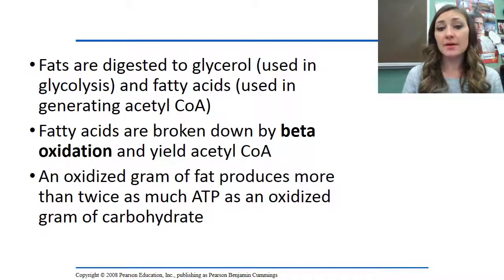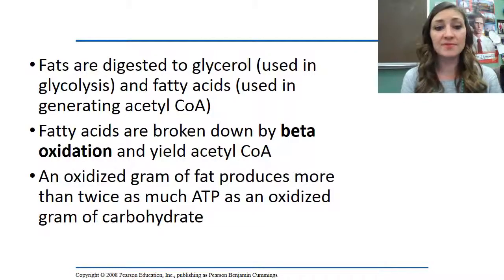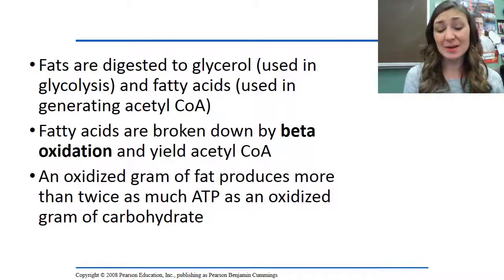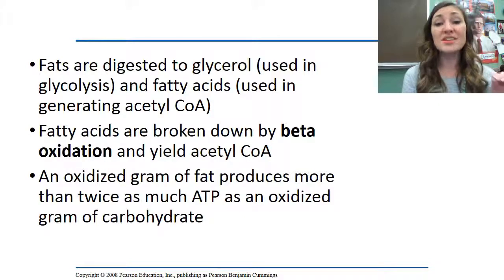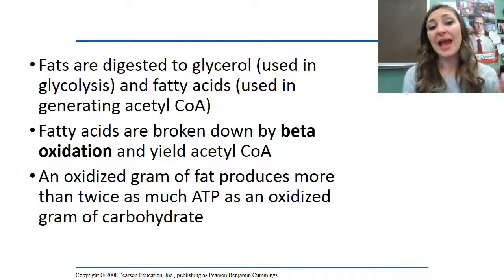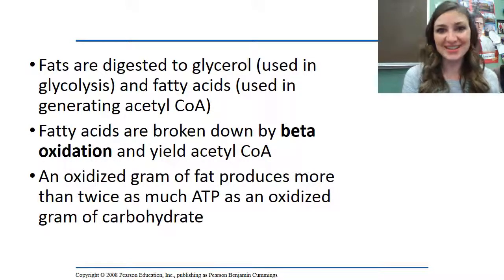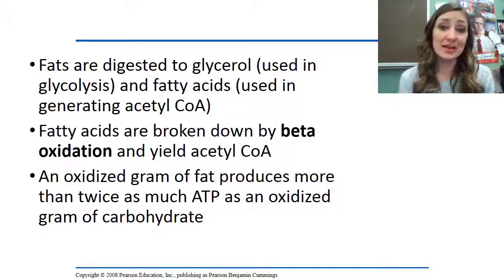If you were to compare gram per gram of glucose compared to a gram of fat, an oxidized gram of fat produces more than twice as much ATP as 1 oxidized gram of carbohydrate. So fats, you've always been told, store more energy than carbohydrates or any other type of macromolecule.